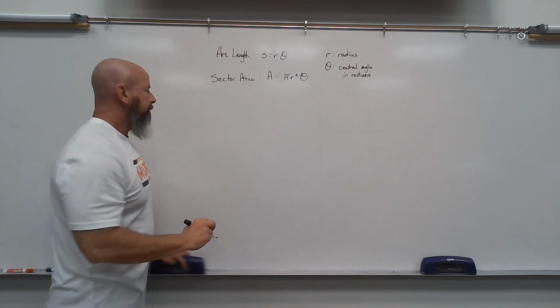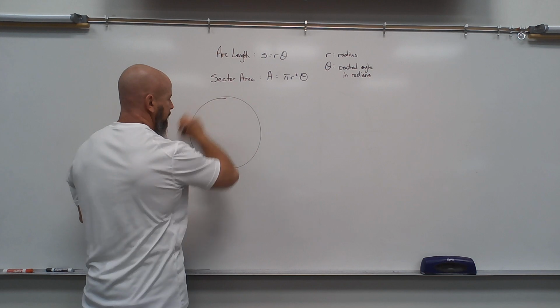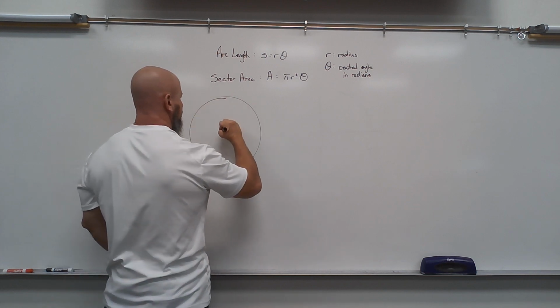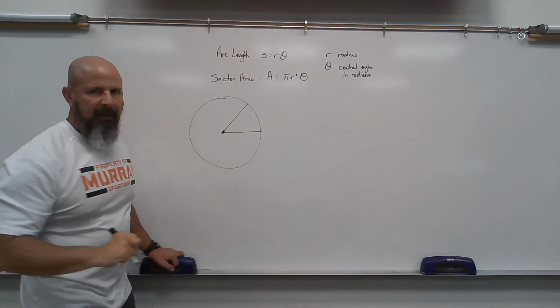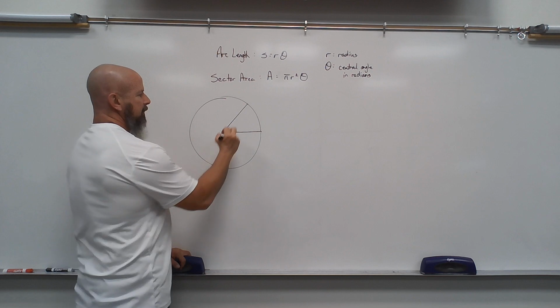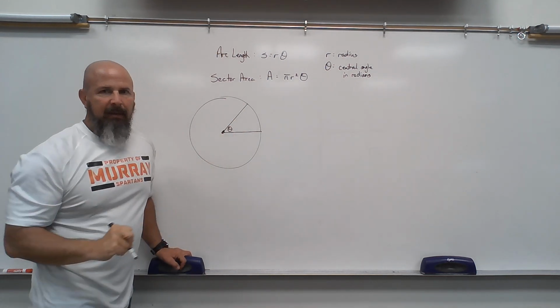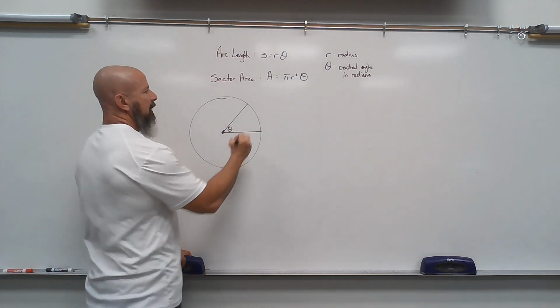Okay? So, by an arc length and a sector area, think of, there's the center of my circle, like a slice of pizza, like that. So we're going to take a slice out of there. Here is my angle measure theta in radians. So in other words, it's the distance that's covered by that angle.